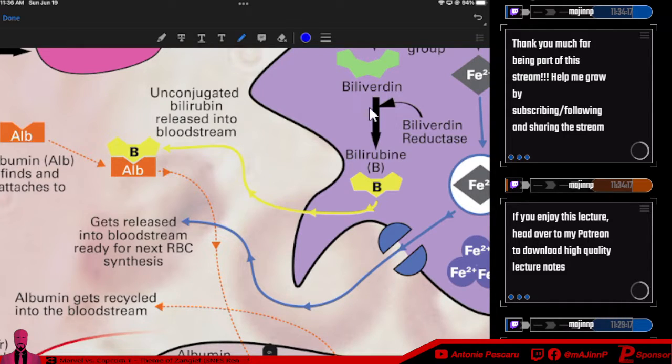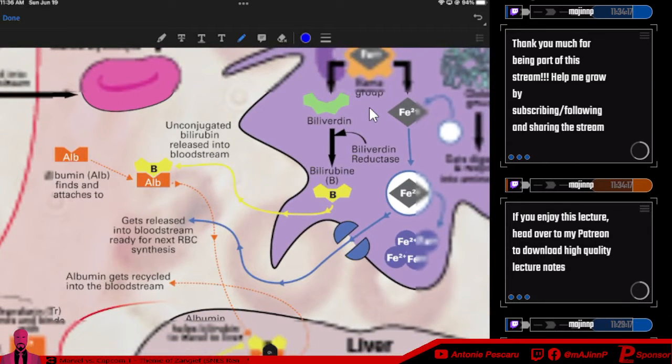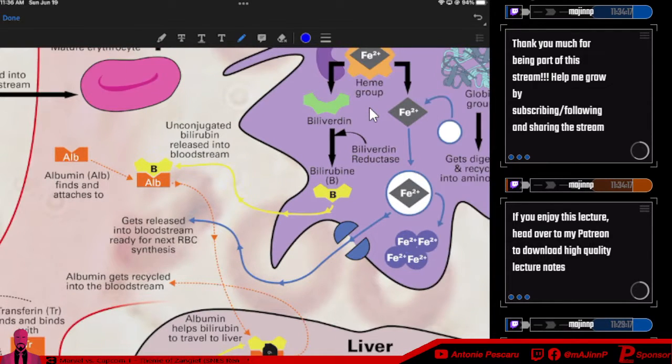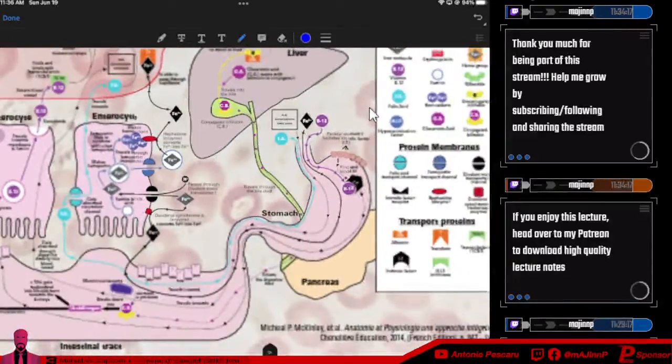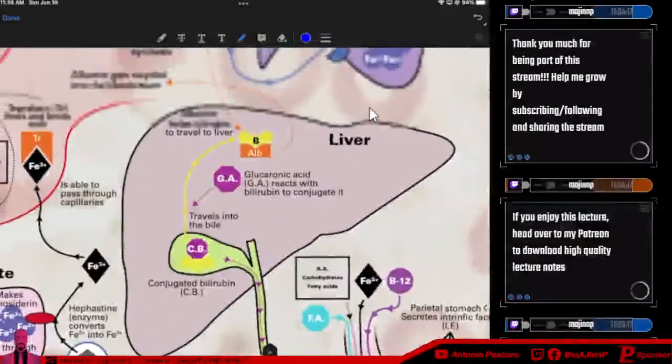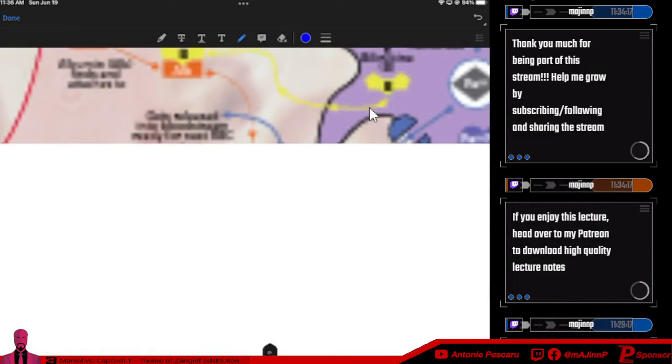Well, unconjugated bilirubin is a substance used for a lot of things. Mainly, it's basically metabolic waste, if I'm not mistaken. It is metabolic waste essentially.